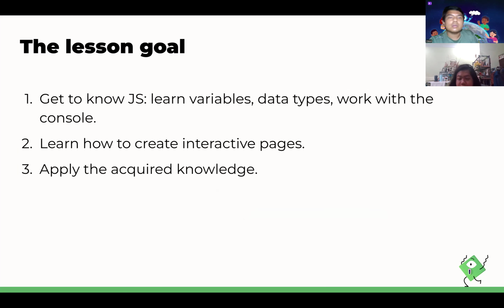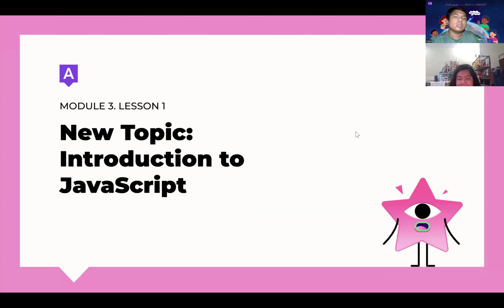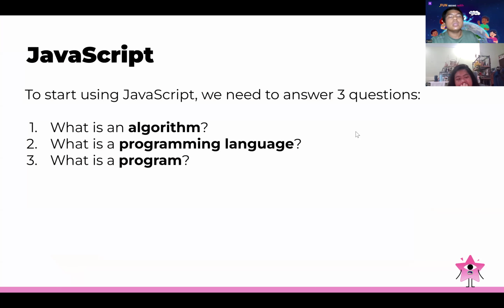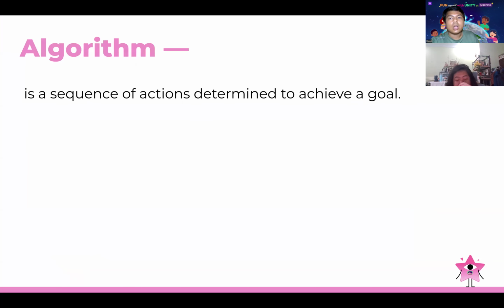And today you will learn about JavaScript: variables, data types, working with the console, how to make interactive pages, and also apply the acquired knowledge. So today you will learn the introduction to JavaScript. In JavaScript, there is algorithm, programming language, and program. An algorithm is simply a sequence of actions determined to achieve a goal.